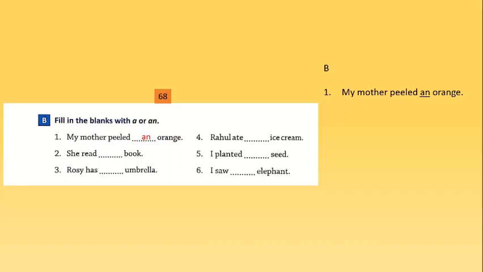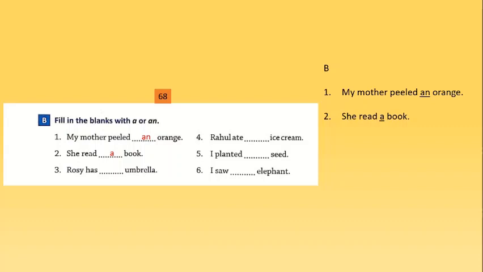Number 2. She read dash book. The next word after the blank is book, and book starts with a consonant. So we use article a. She read a book.